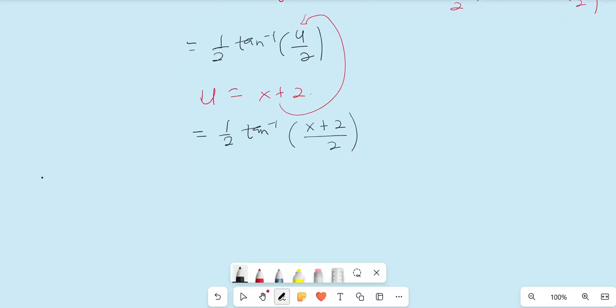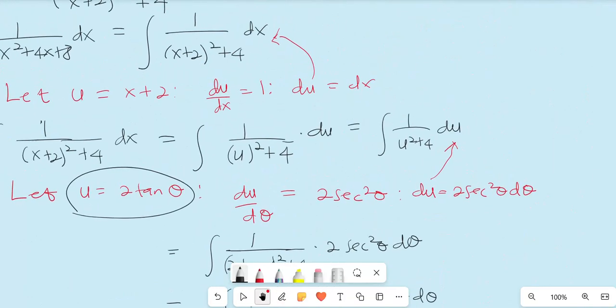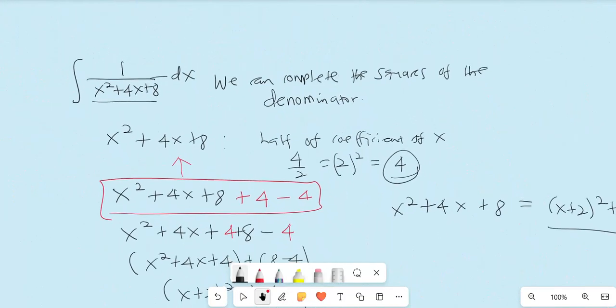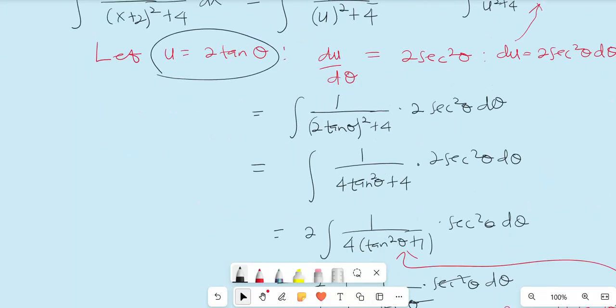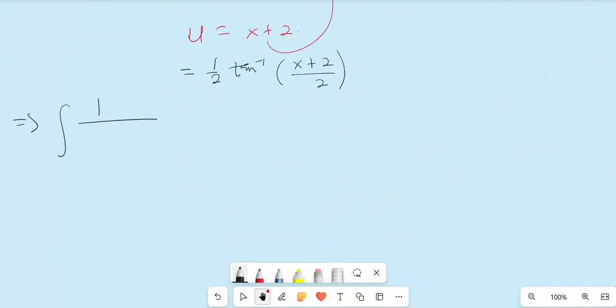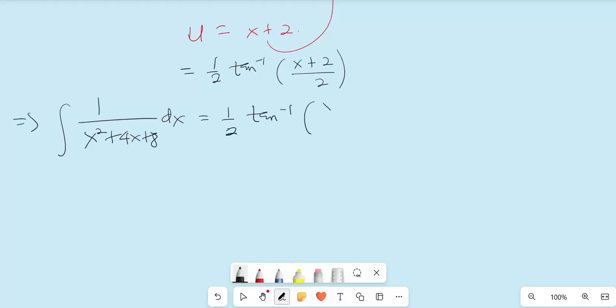So our original integral of 1 over x squared plus 4x plus 8 dx is equal to 1/2 tan inverse of x plus 2 over 2 plus c.